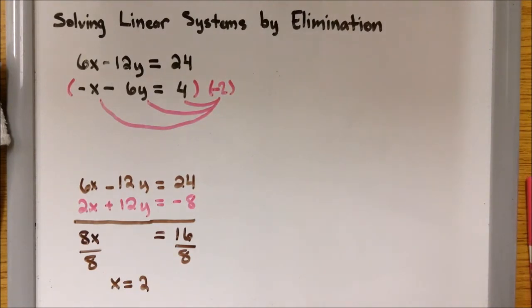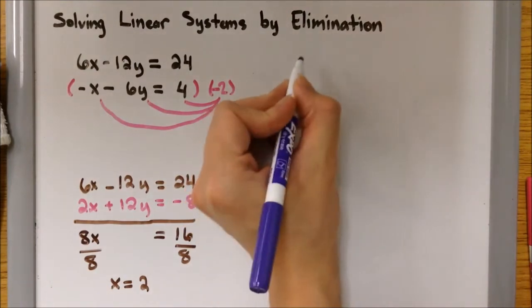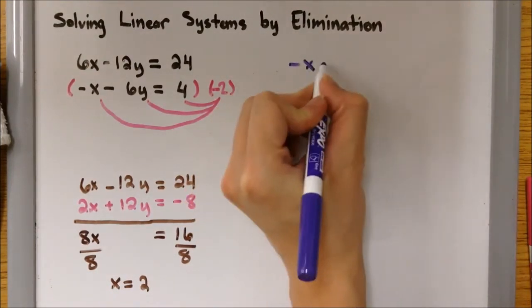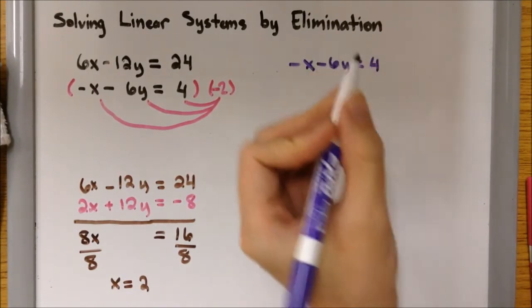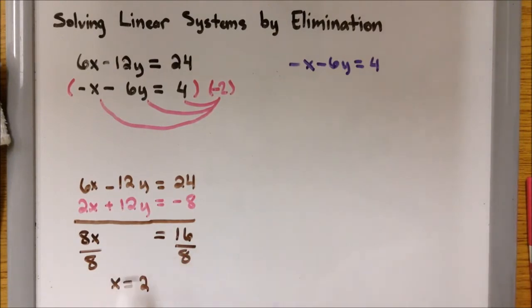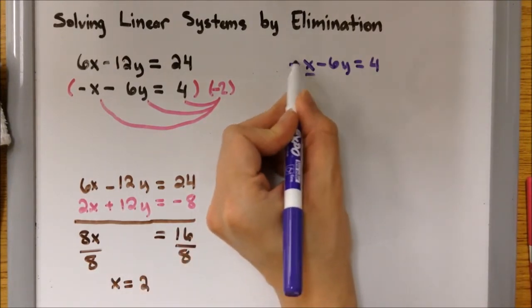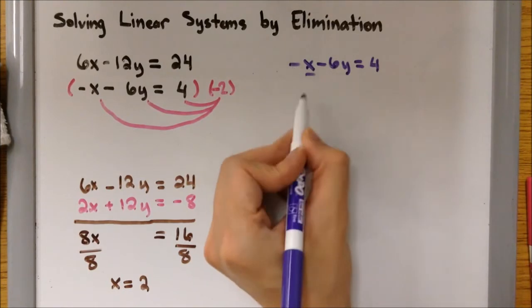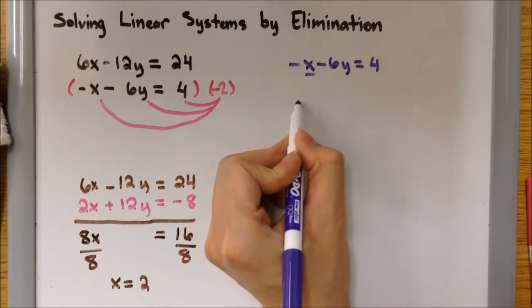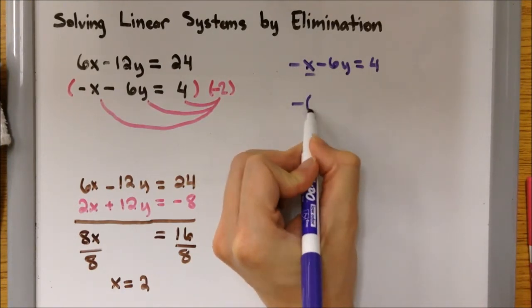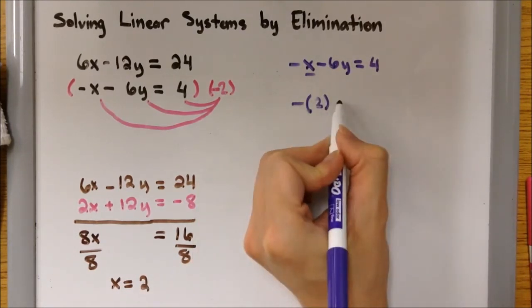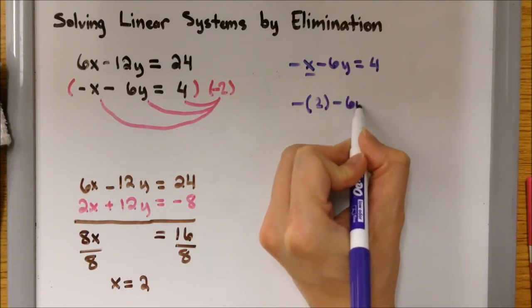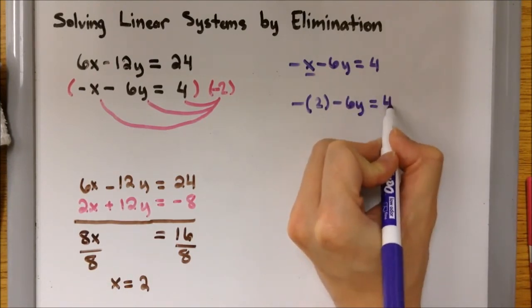So x equals 2, and I'm using the second equation, negative x minus 6y equal to 4. Now this is where I have to be very careful. Since I'm plugging in for the x value, there's a negative in the front. It's going to be a negative 1 in the front. So we could write it as negative, parenthesis, I'm plugging in 2 for x, close parenthesis, minus 6y equal to 4.